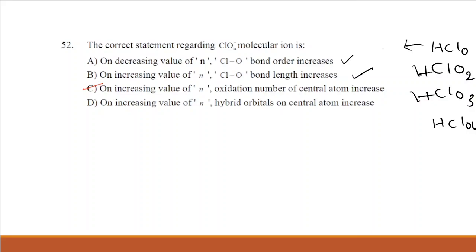In HClO2 it is +3, +5 in the case of chloric acid, and +7 in the case of perchloric acid. So with the increase in the number of oxygen atoms one by one, the oxidation state also increases, and hence option C is the correct one.